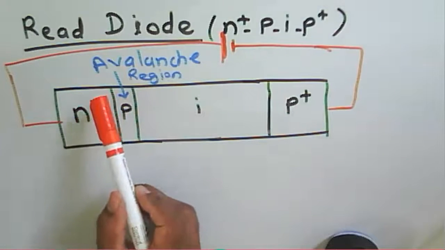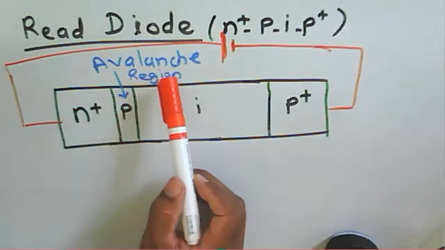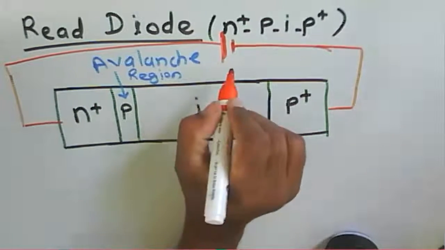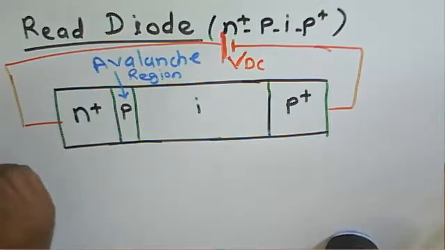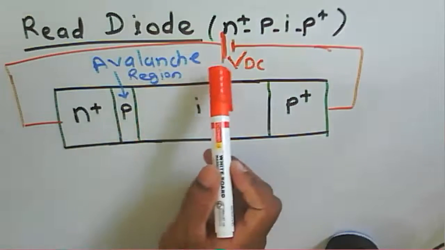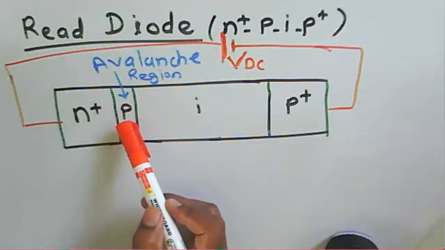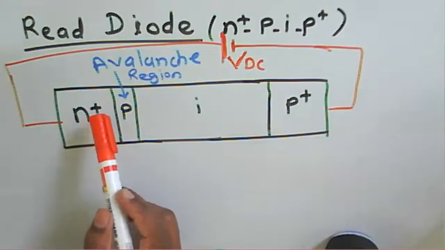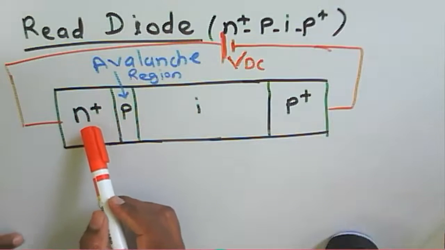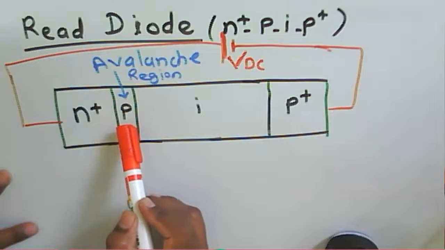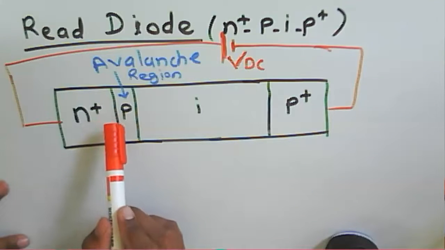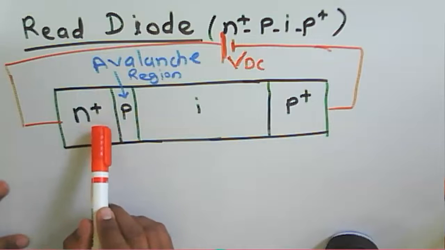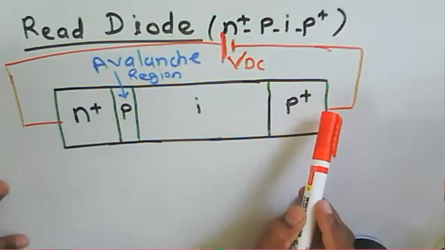When we apply the DC voltage here, what happens? This side is positive. Whatever holes and electrons are generated here, the n plus is nothing but electrons and the p is nothing but holes. At this junction, holes are transferred, meaning holes move toward this junction at this area.